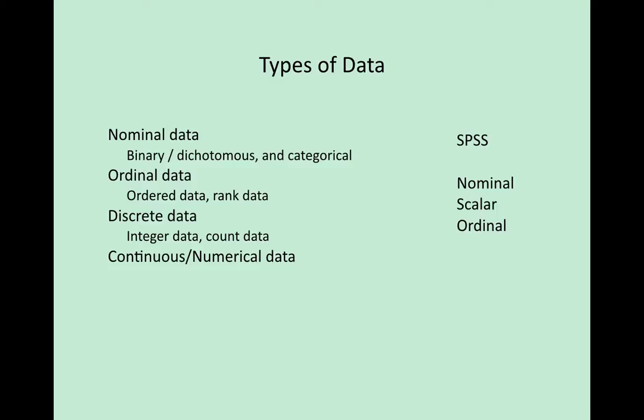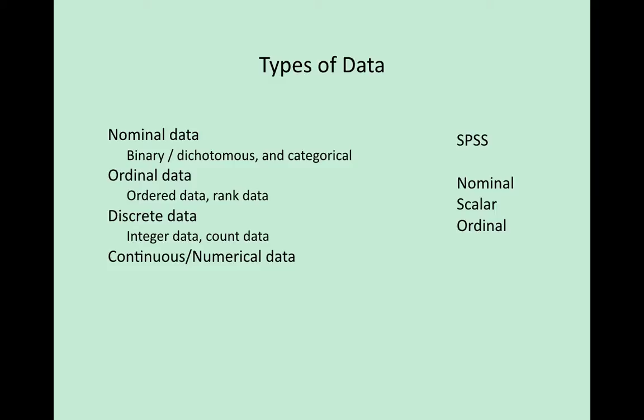And the difference between 3 and 4 might be different to a single patient even than the difference between 7 and 8. There's no way really to quantify that the scales are even or equal in that regard. Okay, so that kind of data where it's categories but they have order, we refer to it as ordinal data.